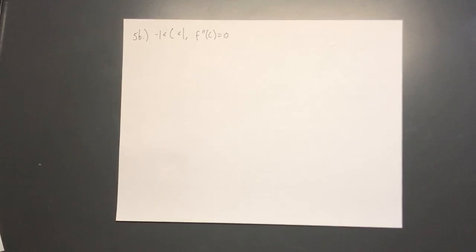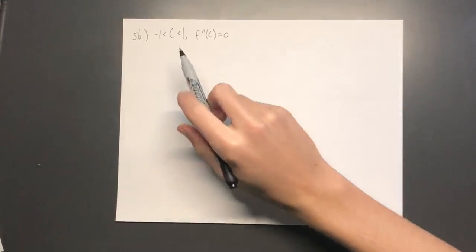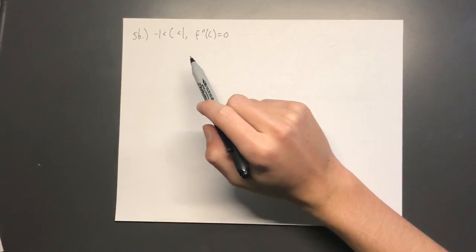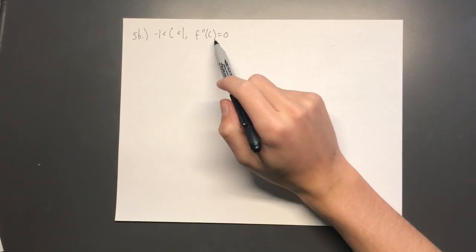This is 5b, which is asking to explain why there must be a value for c on the interval of -1 to 1, such that f double prime of c equals 0.